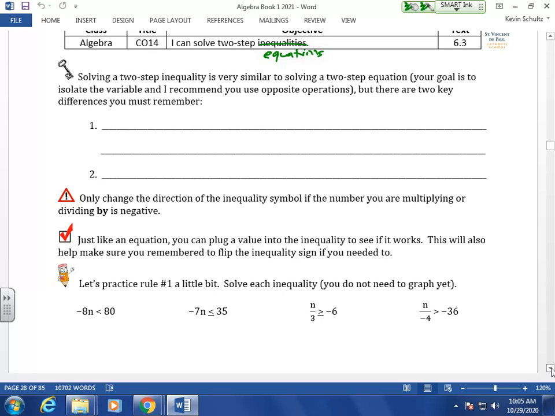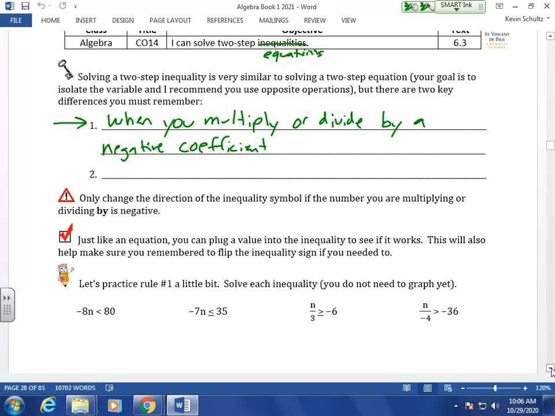But the two differences, right? Number one, this first one is kind of the big one here. When your coefficient is negative, and you multiply or divide by that number, the inequality sign switches.